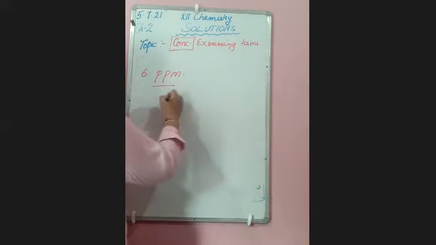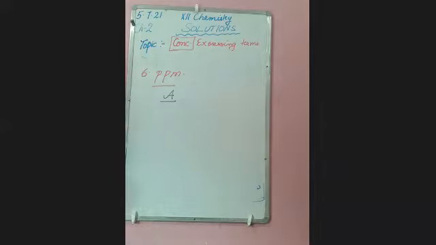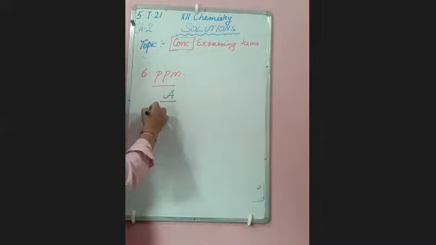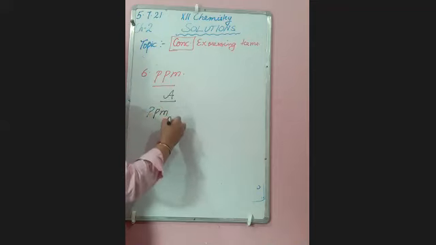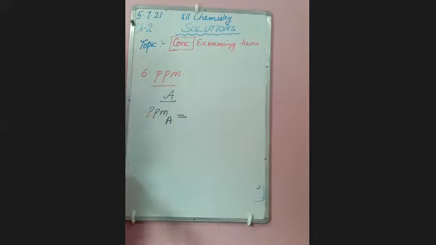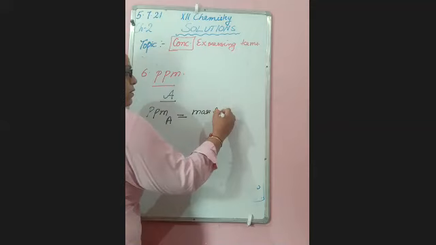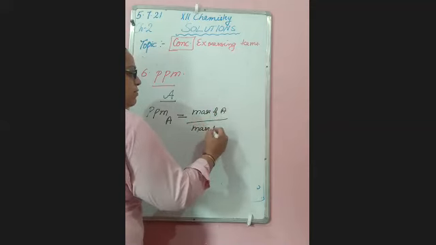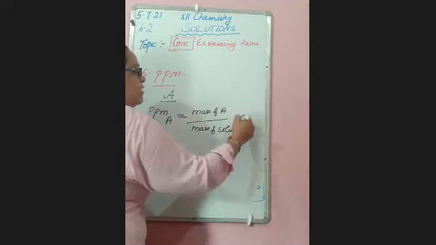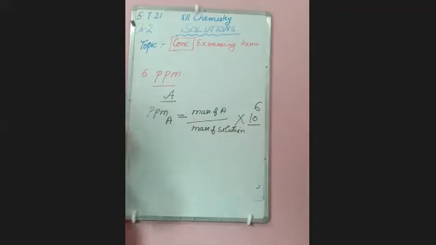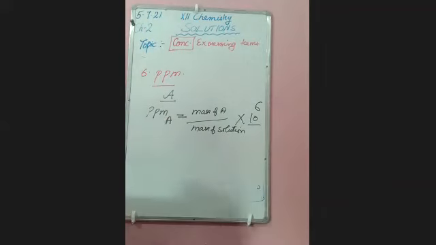Suppose I am calculating the ppm for component A. Parts per million of A is equal to mass of A over total mass of solution into 10 raised to power 6. So it is defined as the mass of the solute present in 1 million parts by mass of a solution.